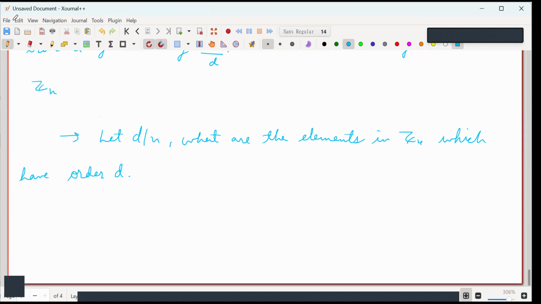Definitely one such element is n by d bar. I have done it the opposite way at first. What are the other elements which will have order d?